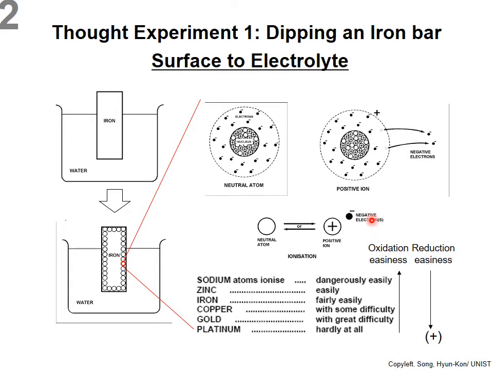Each atom, each molecule, and each material has its own ionization strength or ionization tendency. Here are 6 atoms: sodium, zinc, iron, copper, gold, platinum.